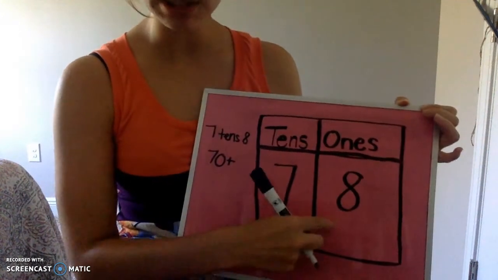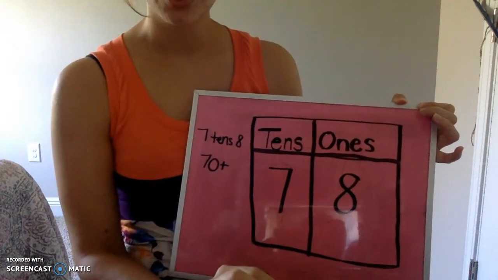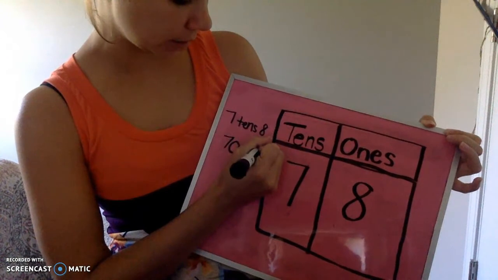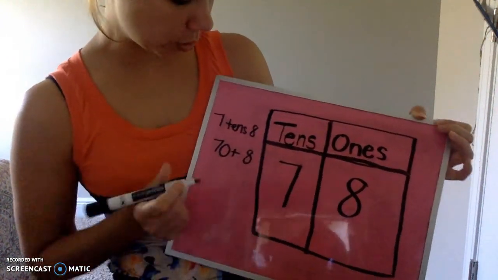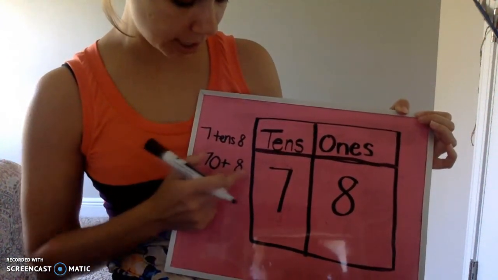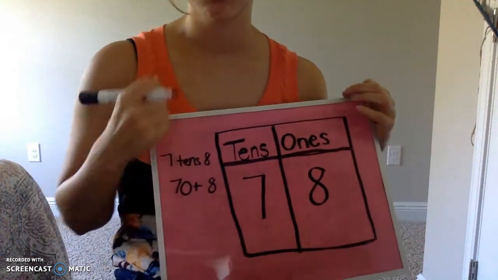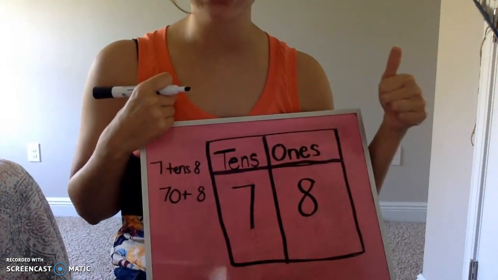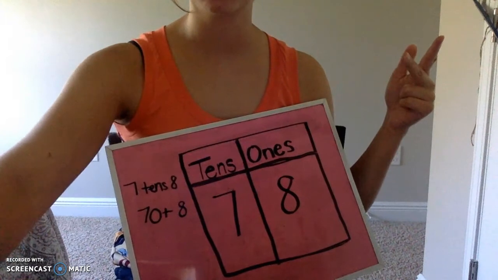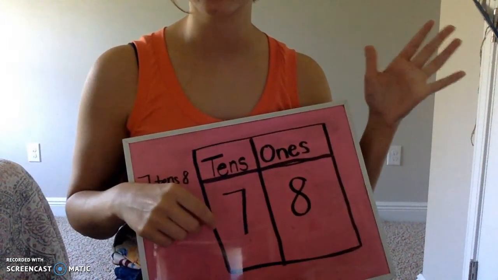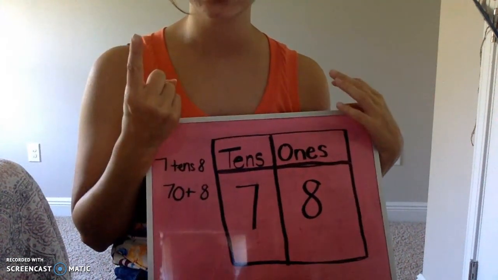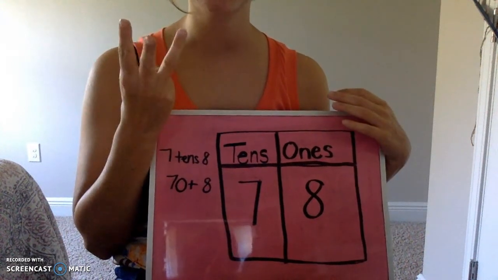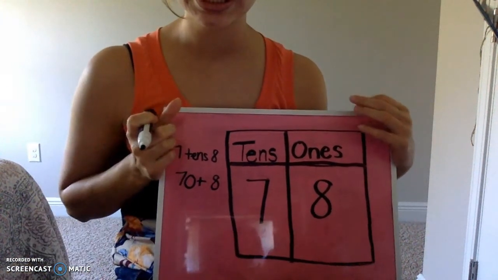Plus, how many ones did we have? Oh, you're right. 8. So 70 plus 8, well, let's see, 71, 72, 73, 74, 75, 76, 77, 78.